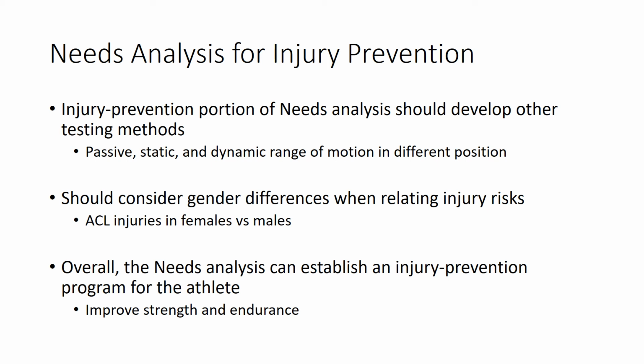In general, they should also consider gender differences when relating to injury risks. For example, ACL injuries are more likely to occur in female athletes compared to male athletes. Strength and conditioning professionals, along with physical therapists and athletic trainers, through the use of needs analysis, can establish an injury prevention program that will improve the athlete's strength and endurance of the musculoskeletal system and the cardiorespiratory system while preventing fatigue and injury.